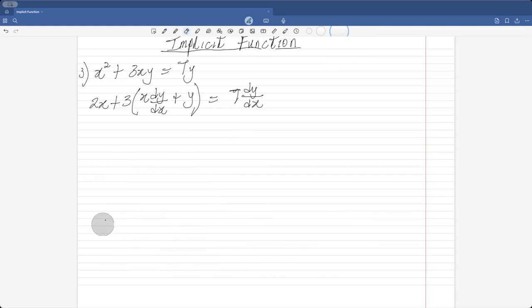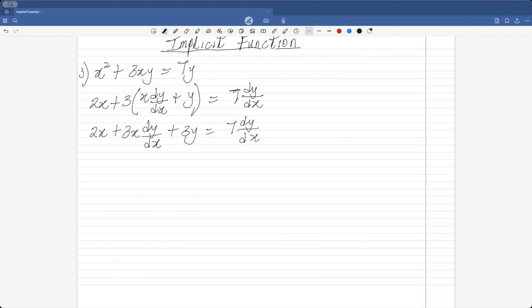And as we have it, we can go further by saying 2x plus 3x dy/dx plus 3y equals 7 dy/dx.